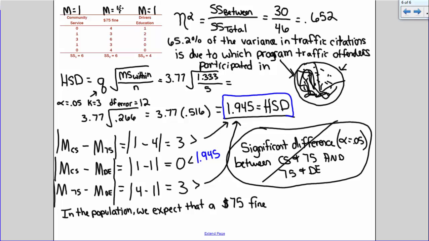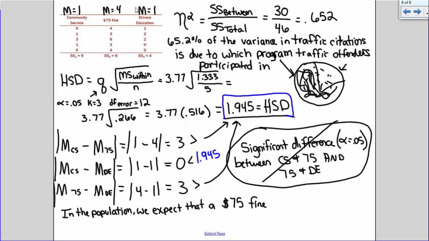And then I look at my means. Well, remember, these scores represent the number of traffic citations after the program. And I know that 4 is significantly different from 1 and 1. And I know that 4 means more traffic citations. So in other words, the $75 fine is significantly less effective than driver's education and community service, right?